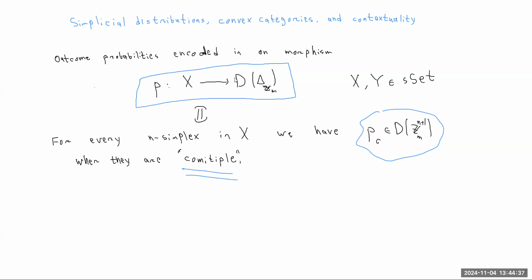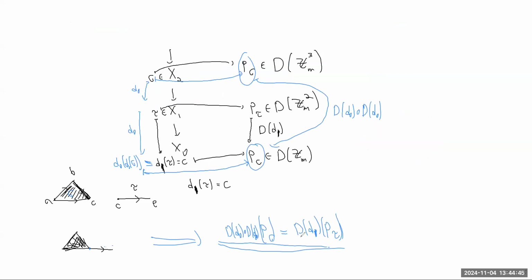Because it's a simplicial map, this exactly says that it's compatible. It says exactly what I said here, that there is a relation between the distributions, and not only the distributions here and here. Maybe it's good to say this for practice, because it will be good for the next talk.